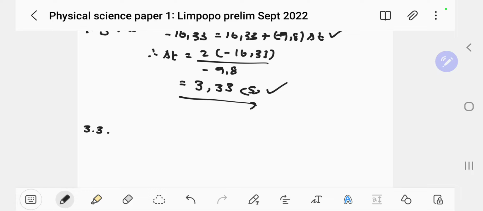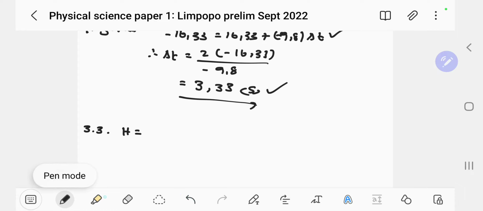So let's keep moving guys. I don't want to waste too much time. So what is this height anyway? We know that our h here, which is that for stone Y, is given by, let's just do this first.